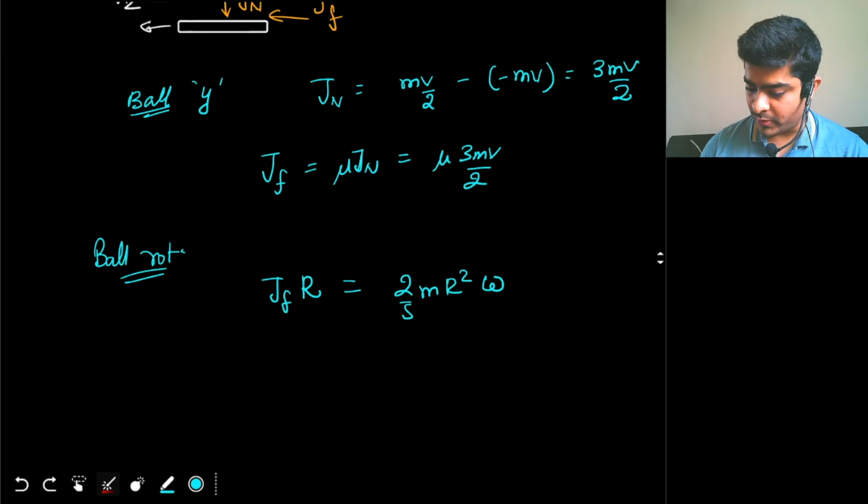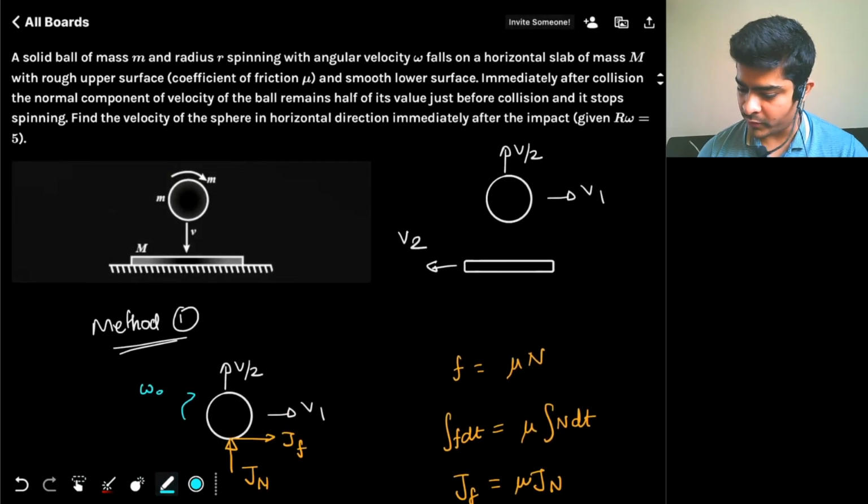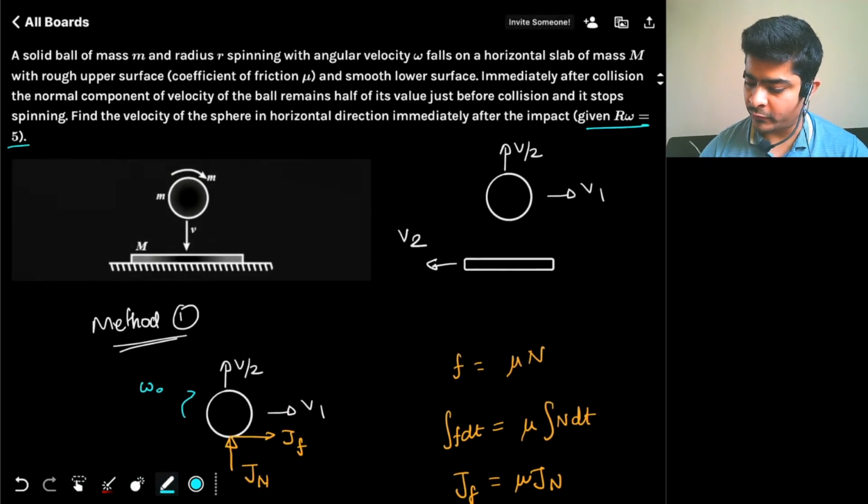So from here we obtain Jf, let's put the value of Jf itself also. So Jf is mu times 3mv by 2. This is equal to 2 by 5 mr omega. Now according to the question, r omega is equal to 5.